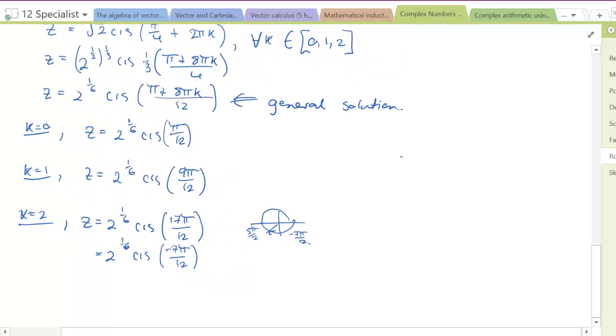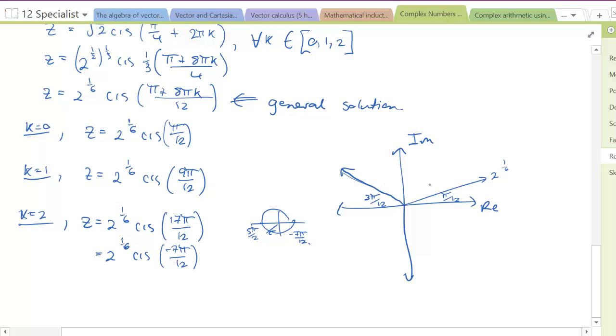If we had to sketch them on the Argand diagram, again, looking at real and imaginary. First one, the angle is pi on 12, and obviously the modulus length is 2 to the power of 1 on 6. The argument for this next one is 9 pi on 12, so that means that there's 3 pi on 12 to the x-axis.